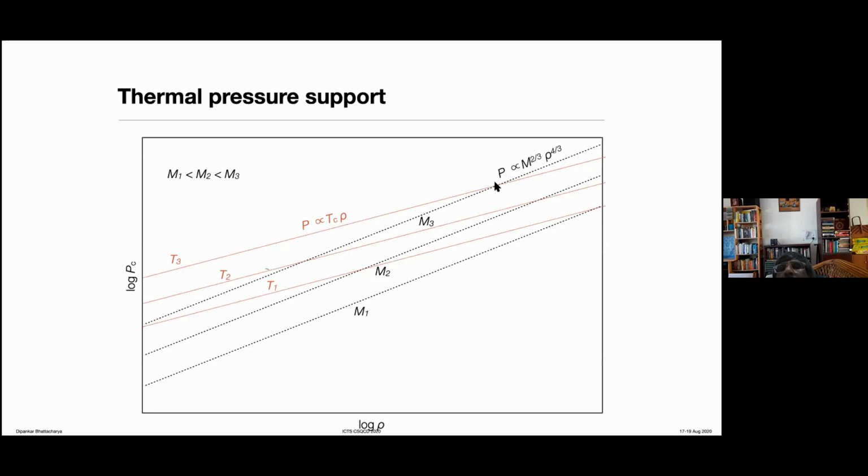Now, where this intersection takes place depends A on the mass of the star and B on the central temperature.